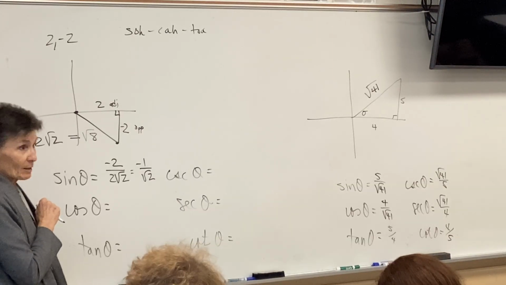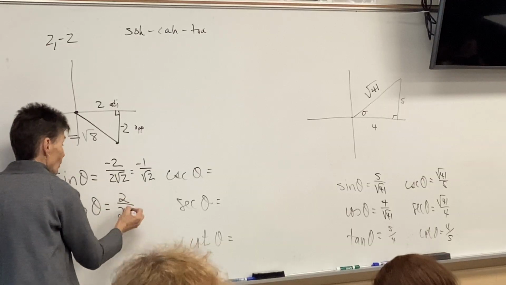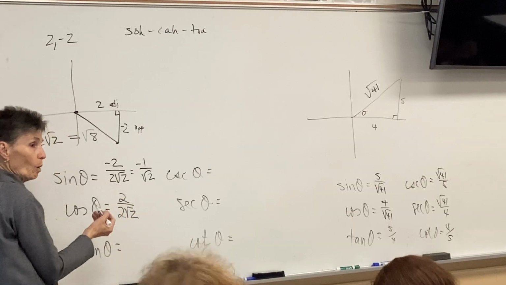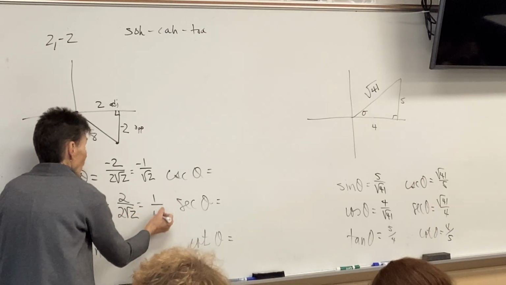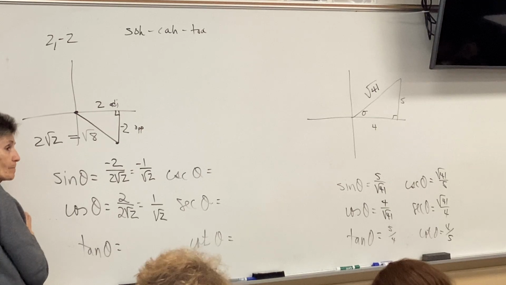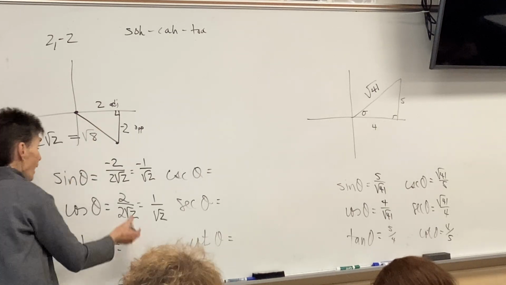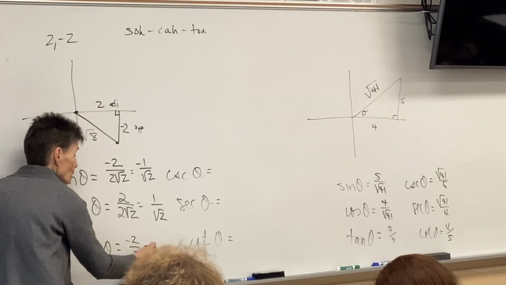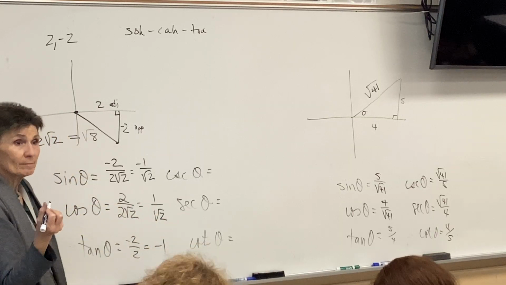Now, how about cosine? Cosine will be positive 2 over 2 root 2. Won't we do the same thing? So 1 over root 2. And what about tangent? Opposite over adjacent, which we will write as -1.